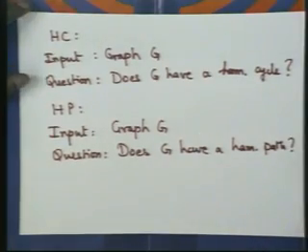Okay. So, for this problem, you want an algorithm that says you feed in a graph G and this algorithm should say either yes, the graph has a Hamiltonian path, or no, the graph does not have a Hamiltonian path.